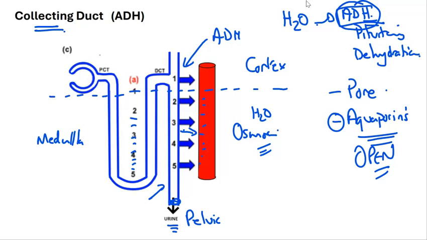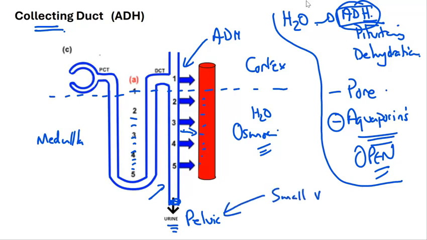And this means that under such conditions of dehydration, we would predict that the urine volume that we would be producing would be a small volume with a high concentration. And indeed, the high concentration results in a darkening of the color, which is actually due to the concentration of the urea.